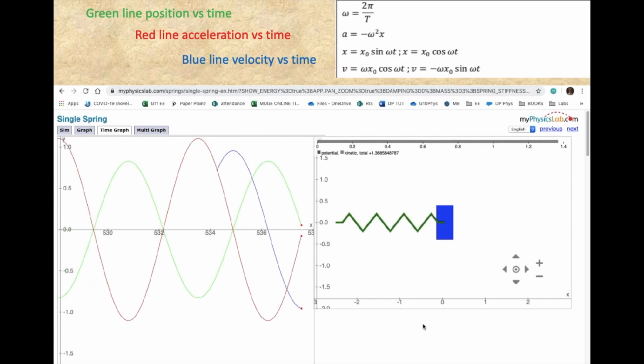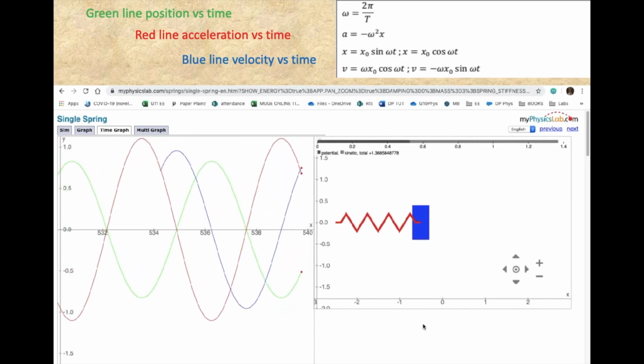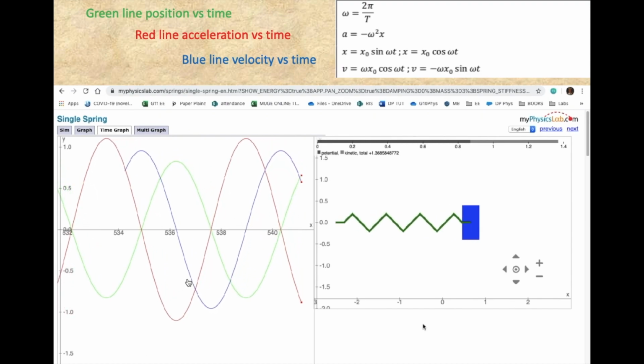Let's keep it running and add the blue line for velocity. Again, I'm going to pause. So when position and acceleration are 0, which is at the equilibrium position, you see that velocity has a maximum. When position and acceleration have maximum, which is at either amplitude, that's where the velocity is 0, because that's when on a line the motion changes direction.